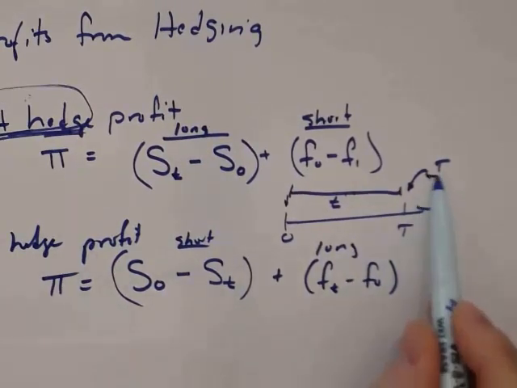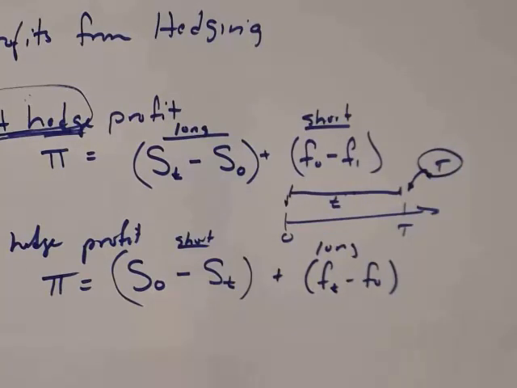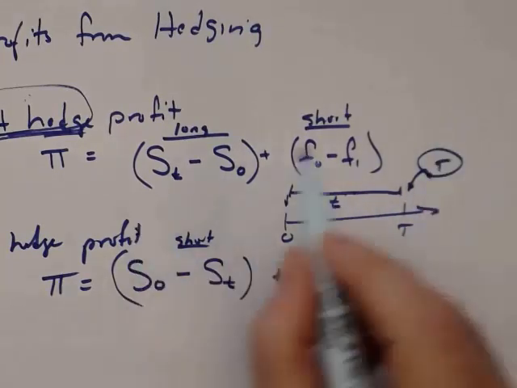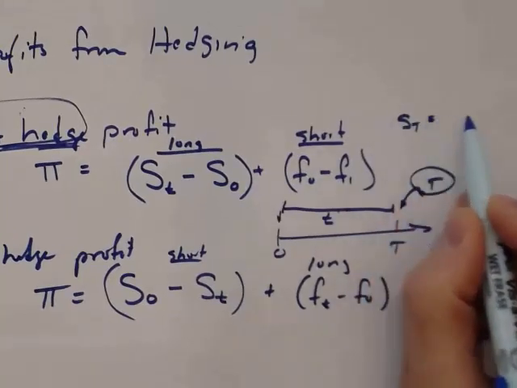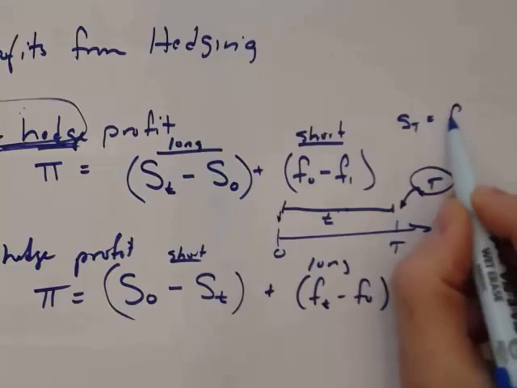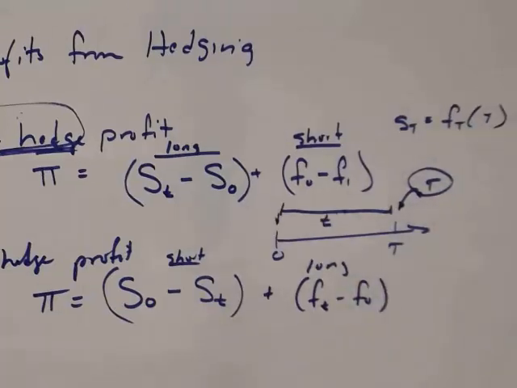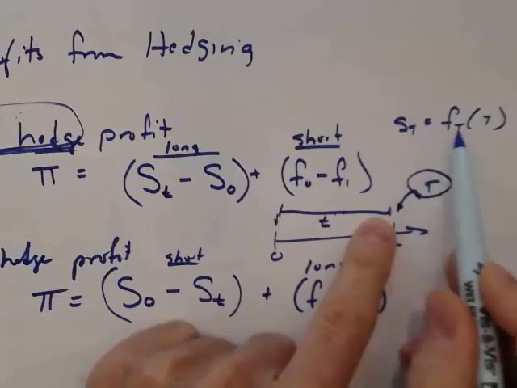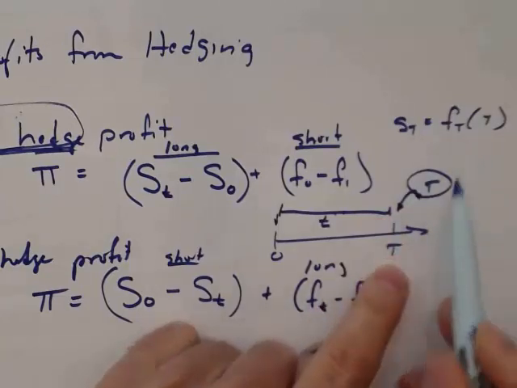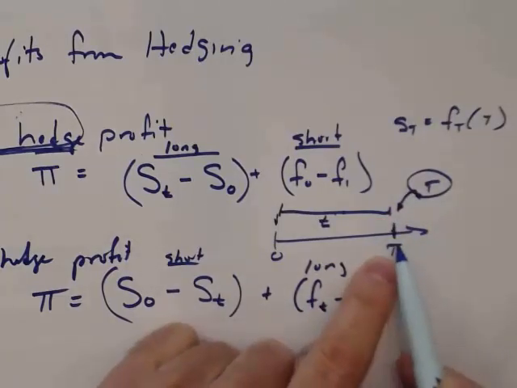So if you hold the futures contract until time capital T, then recall that S_T equals the futures price at time T. Remember convergence? Let's hammer convergence down. Right before expiration, the futures and the spot should almost be at the same identical value.